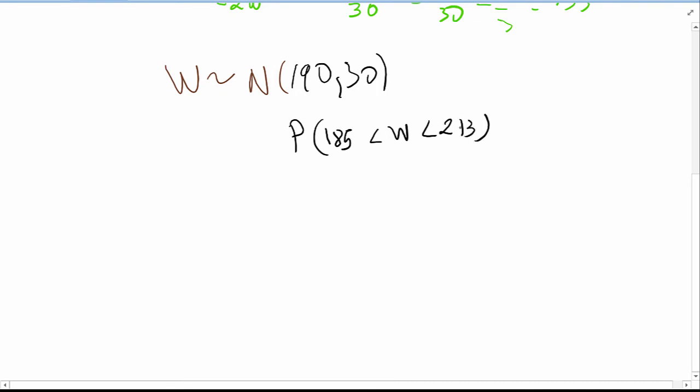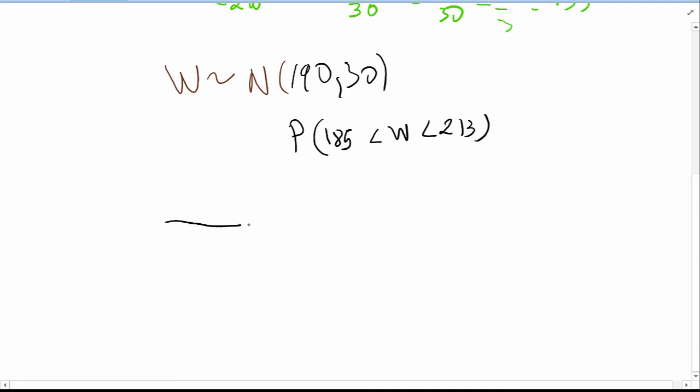All right, so that's the question right here. What percentage of males fall between this range of weights? Or another way of saying that: if we select a male at random from that population that has the mean of 190 and the standard deviation of 30, what is the probability that his weight is going to be between these values?